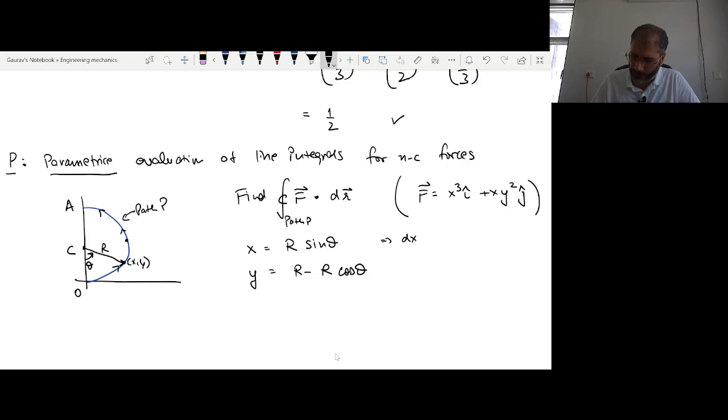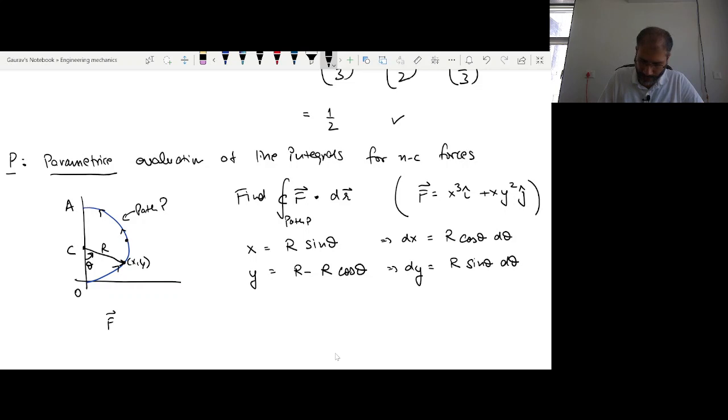So from these we can calculate dx and dy. So dx becomes R cos theta d theta, and dy becomes R sin theta d theta.